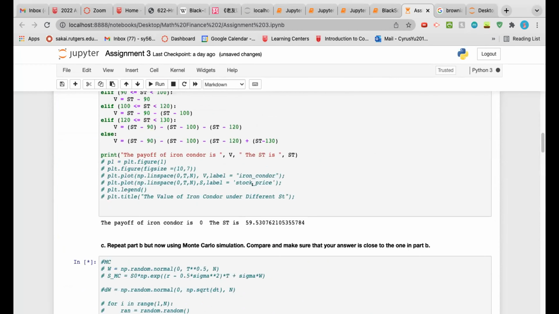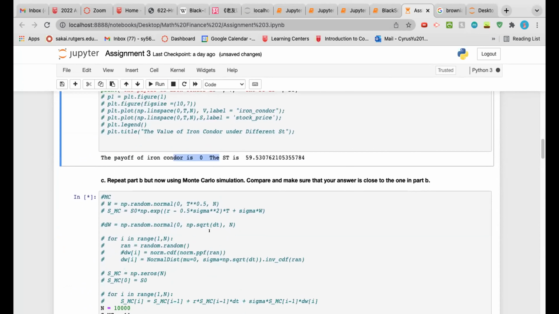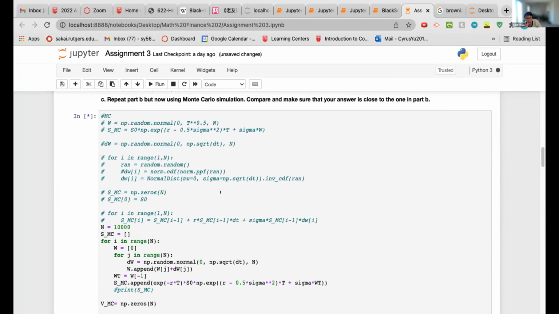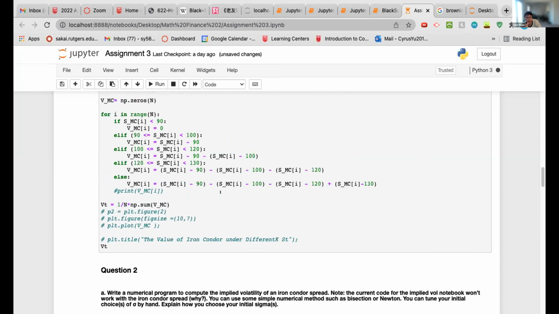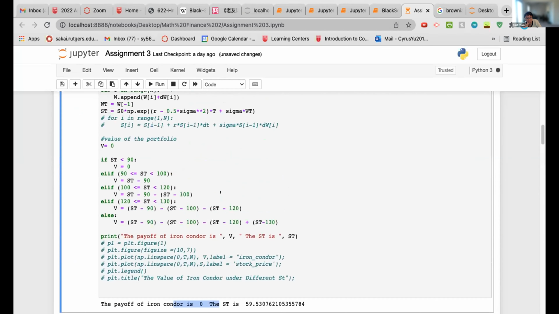But when we look at part B, every time I run, I get a different payoff for the iron Condor. Yeah, of course, because it's random. But for part B, I asked you to do the Black-Scholes price, right? I'm not asking you to do the payoff. You're asking for the price of the iron Condor.